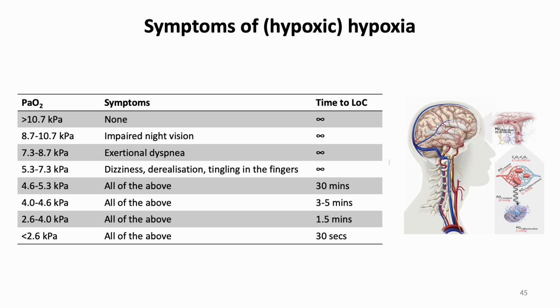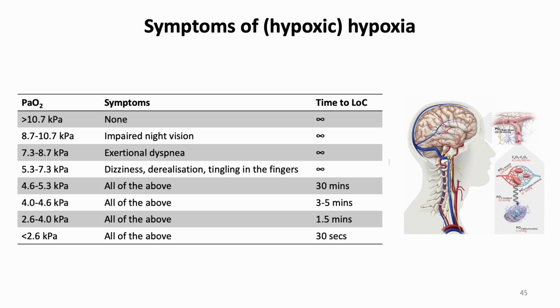So what are the symptoms of hypoxia? Well, most of the symptoms of hypoxia derive from the most oxygen-sensitive organ of the body, that is the brain. The brain has no or very few intrinsic oxygen reserves, and thus it's the first organ to be affected by hypoxia.